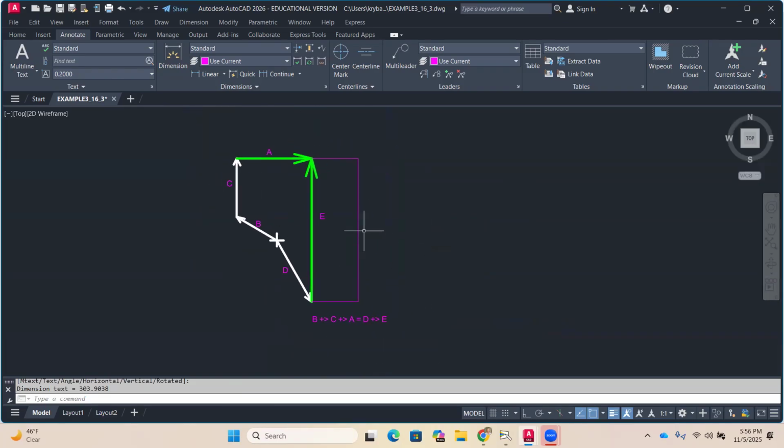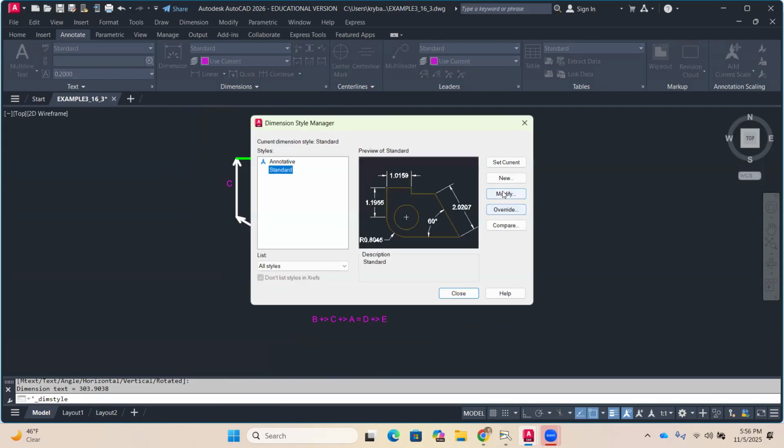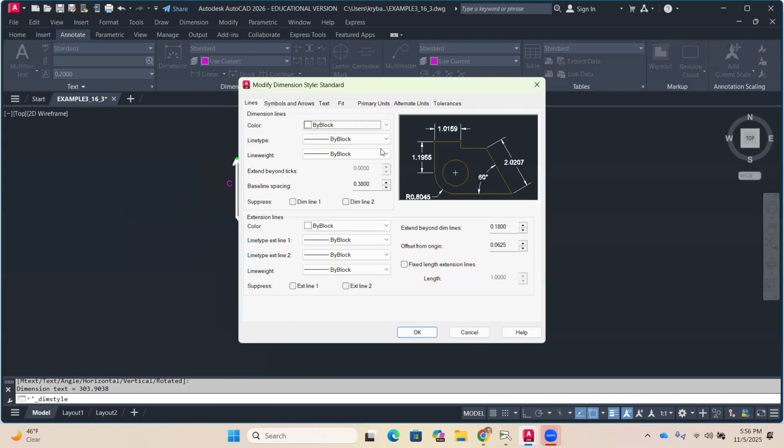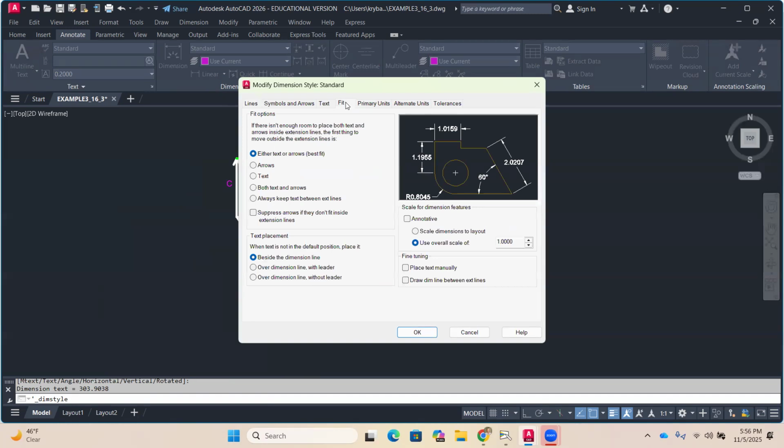Make sure you grab endpoints. The dimension is too small, so I have to arrow down, modify, go to the Fit tab, and change your scale to, I'm going to say 40, I think is what I used in my first class, but it just all depends. Oh, I don't have my numbers key on, sorry.